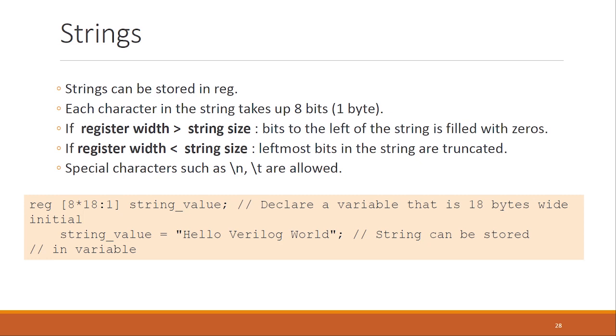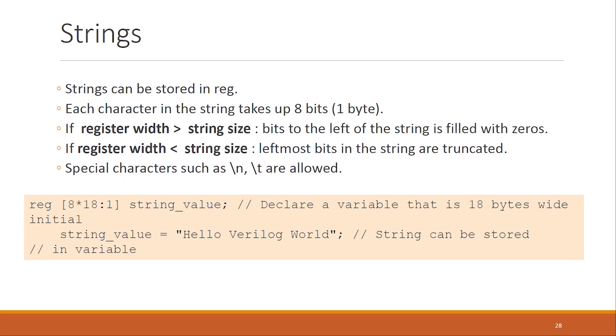Now there's an example given here about storing strings in Verilog. The example string we need to store is hello Verilog world, and if you count the number of characters in it, you can see that there are 19 characters in the string hello Verilog world.